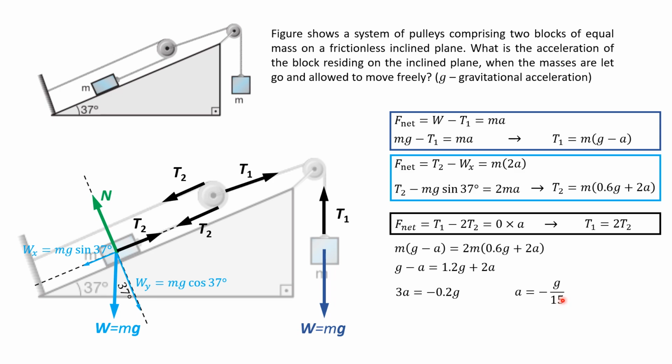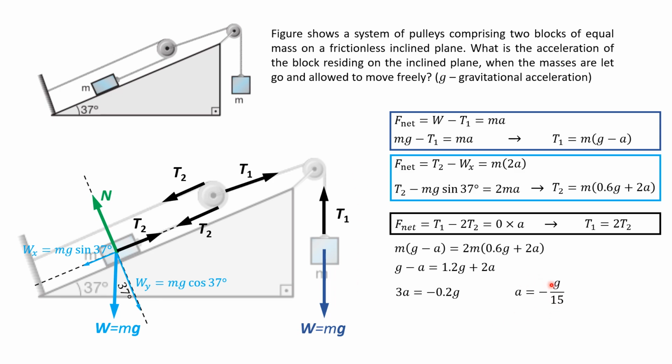Now, note that there is a minus sign, right? So what does it tell me? My acceleration is negative. So my original choice for the acceleration, which I assumed to be downward, is wrong. So my acceleration in fact is pointing up, right?